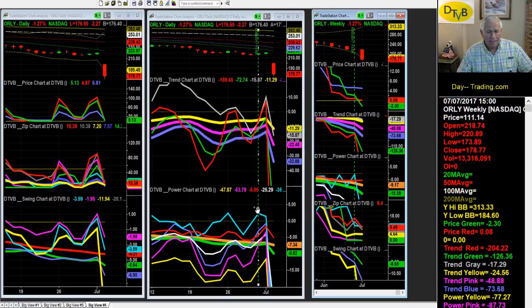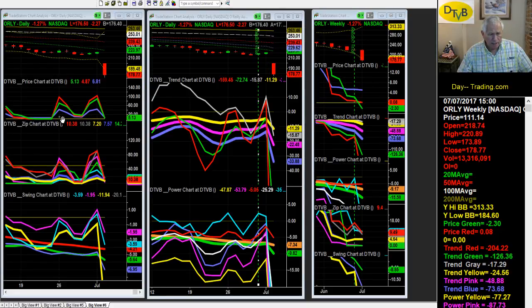And that is not necessarily seen on the power Zion line, because that one is in divergence. But it does show up on the swing and the zip line. And I haven't checked the price line.